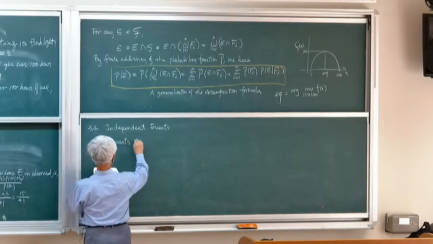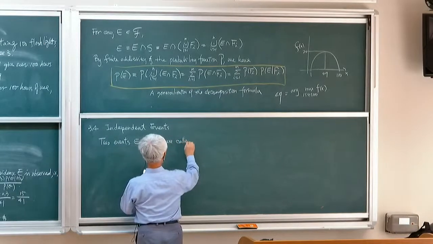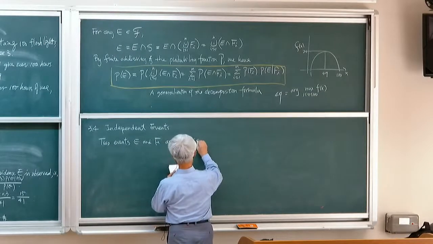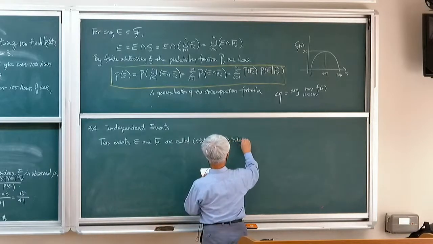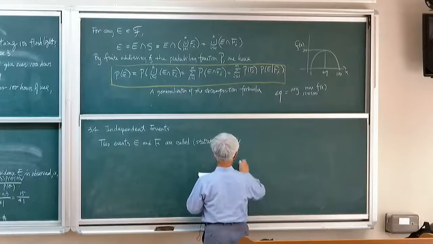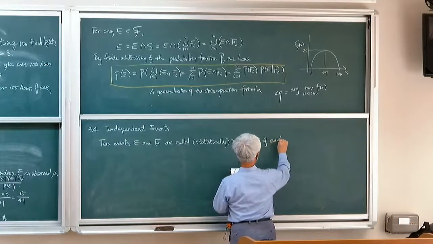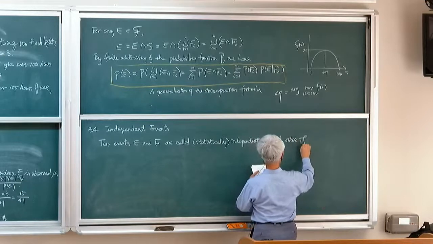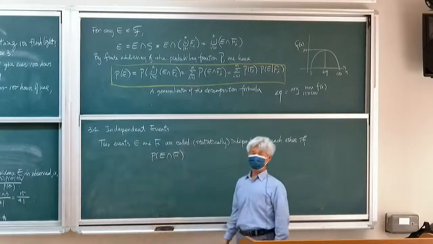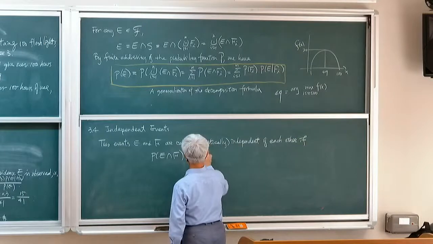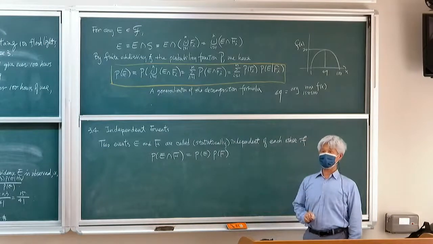So two events, E and F, are called, sometimes we say, statistically independent of each other, if the probability of their intersection is equal to the product of the probability of E and the probability of F. So this is a definition.